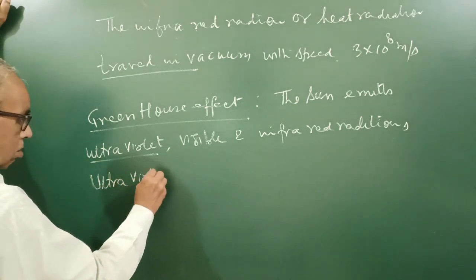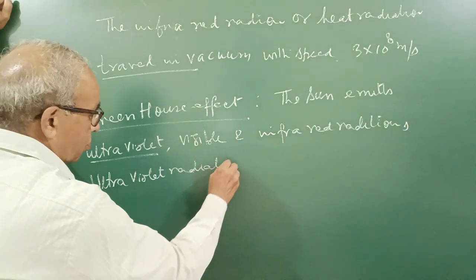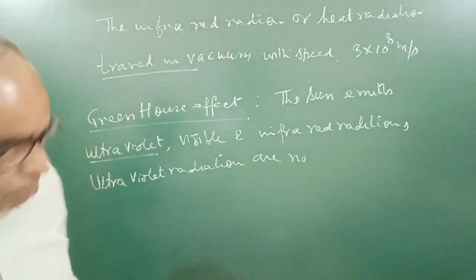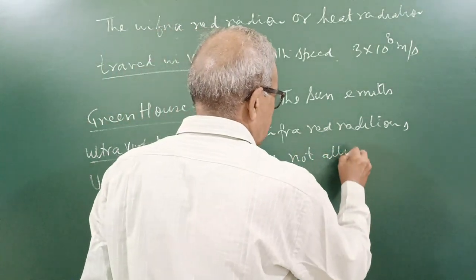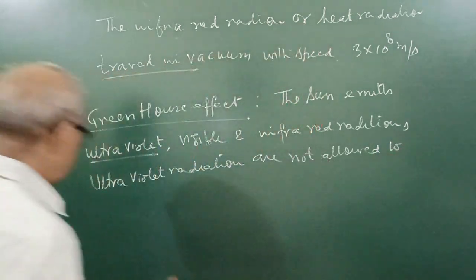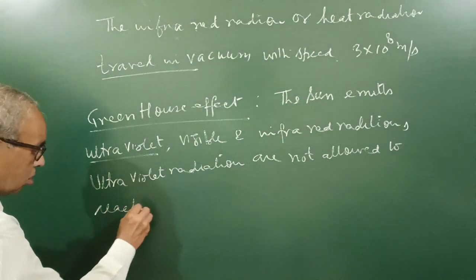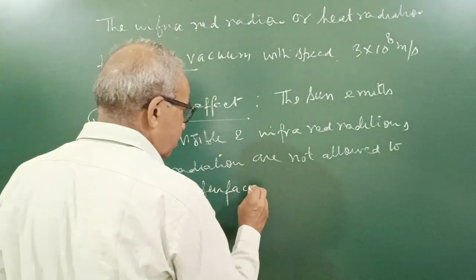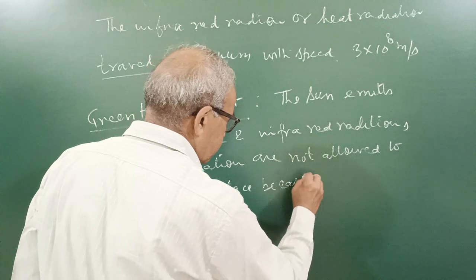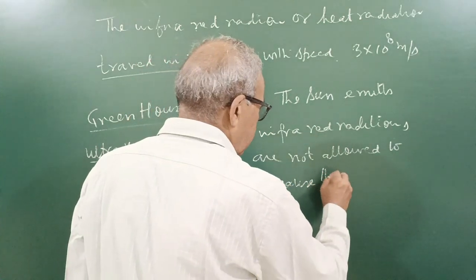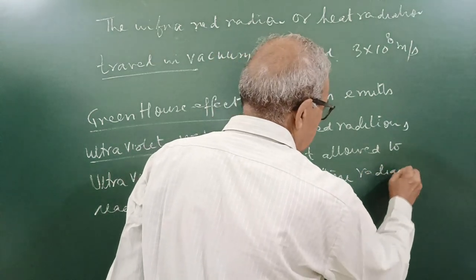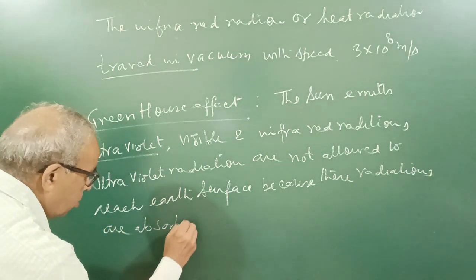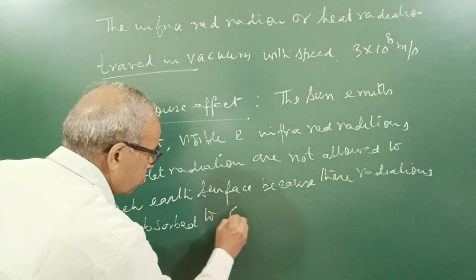Ultraviolet radiations are not allowed to reach the Earth's surface because these radiations are absorbed by the ozone layer.